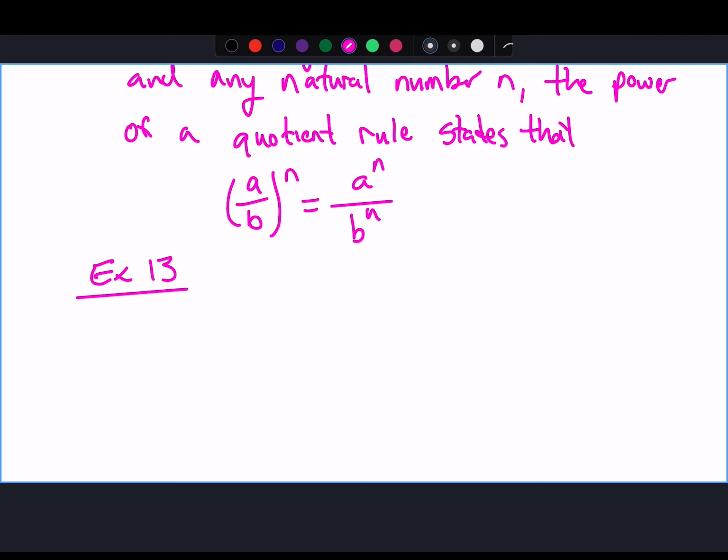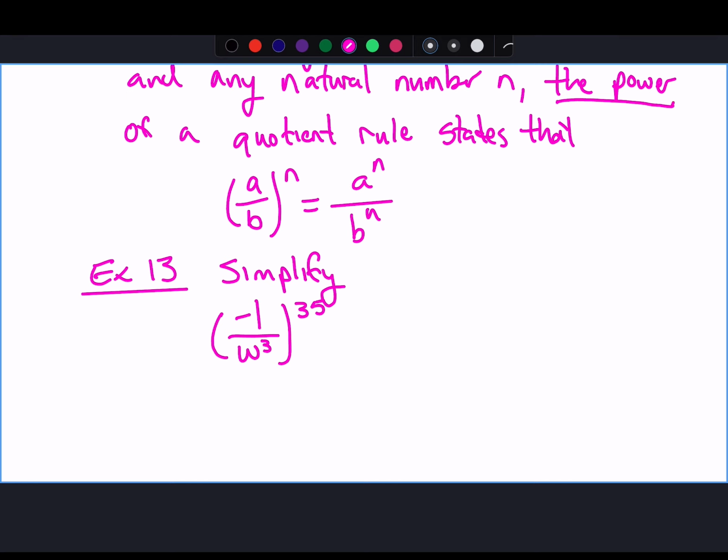Example 13. We want to simplify negative 1 over w cubed, raised to the 35th power. What does the power of a quotient rule tell us?